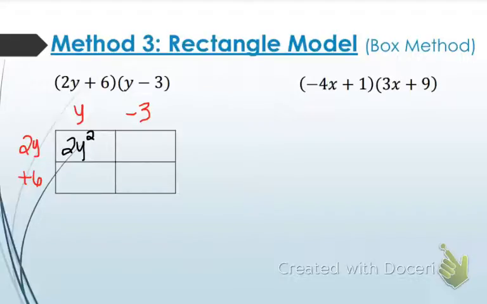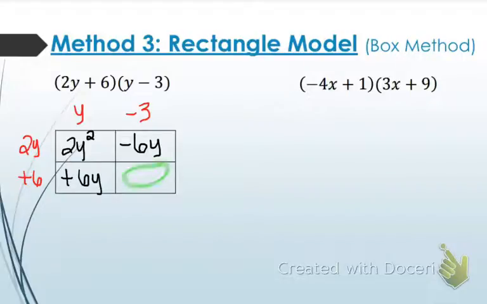The next one, I'm going to do this one instead. So here we have 2y times negative 3, which gives us a negative 6y. And I'm going to move over to this rectangle. So we have 6 times y, that is a positive 6y.